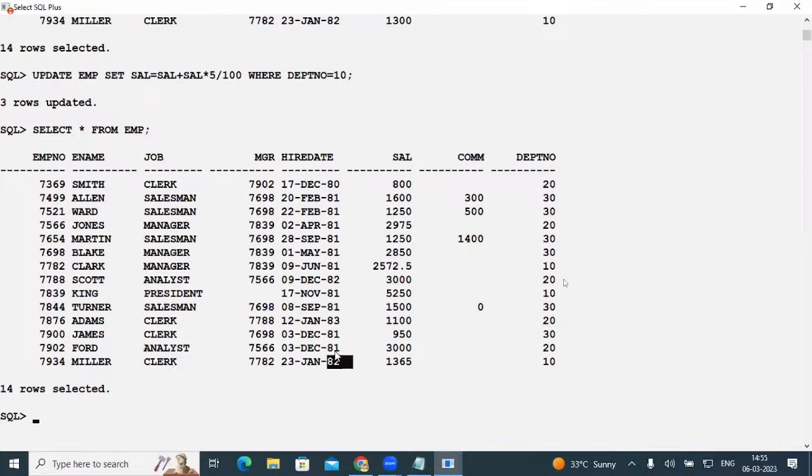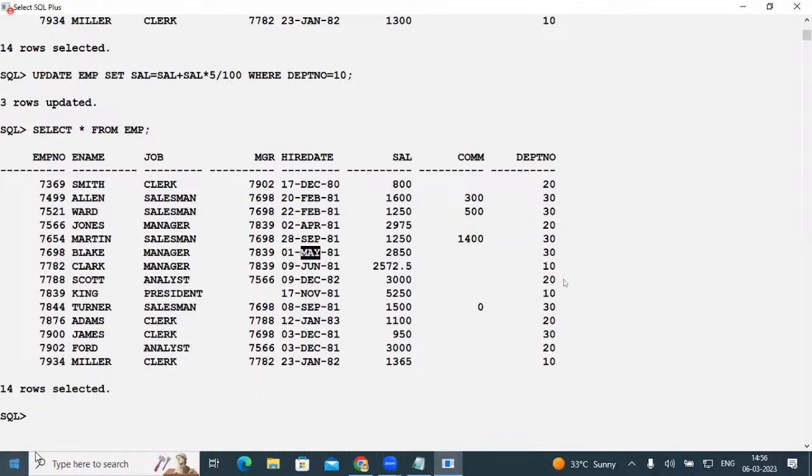So there are three people who joined after 1981. But for the date expression, whenever you compare with your column data, the same format in which the data is stored, you have to use in your comparison.